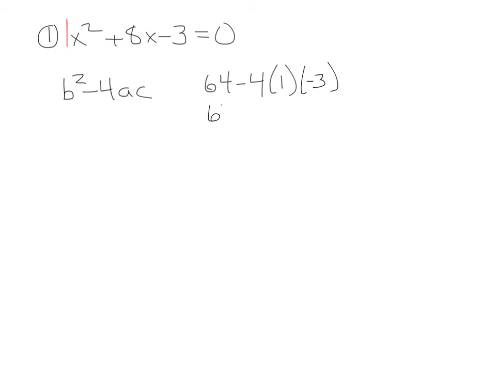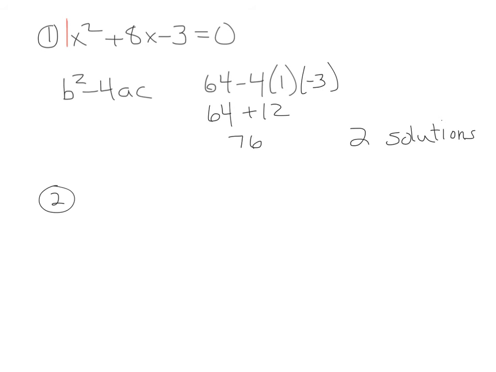So that's 64 plus 12, which is 76. That's greater than 0, which means you will be able to find the square root, with a plus and a minus. If you graphed this parabola, it would have 2 solutions, because this ended up being greater than 0.